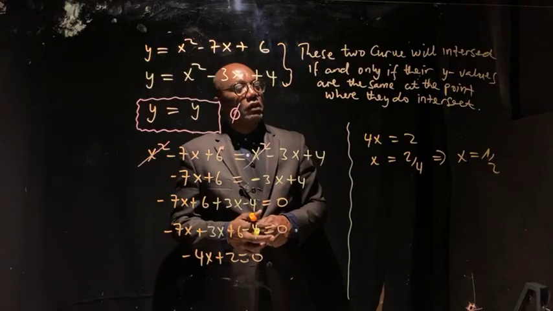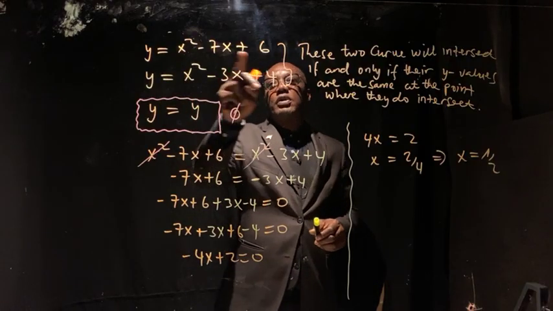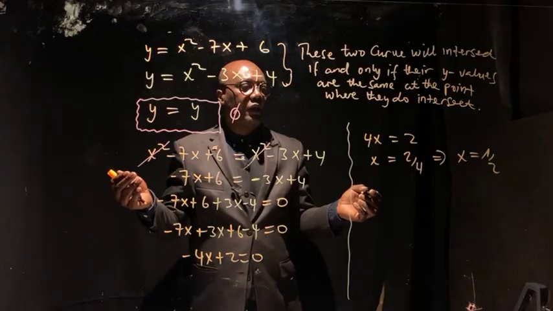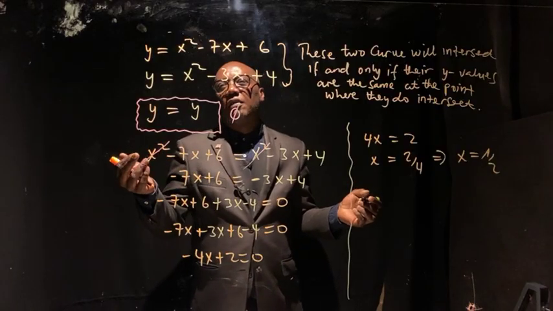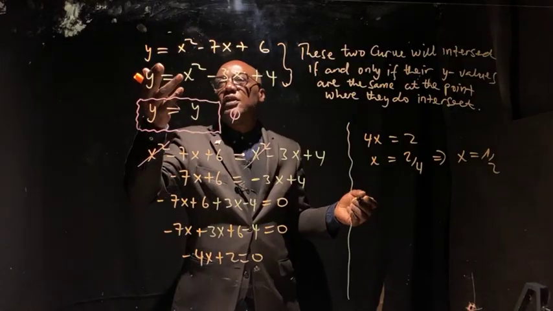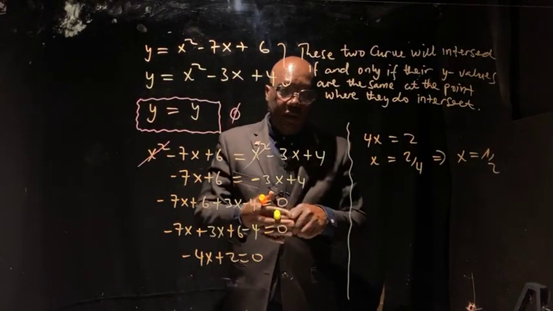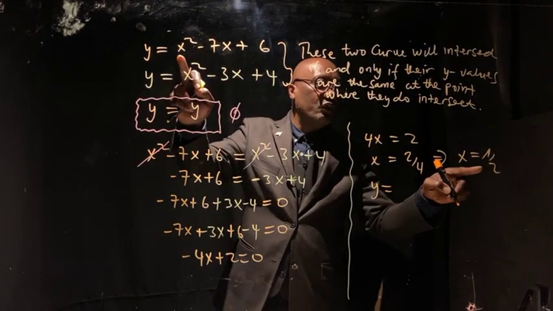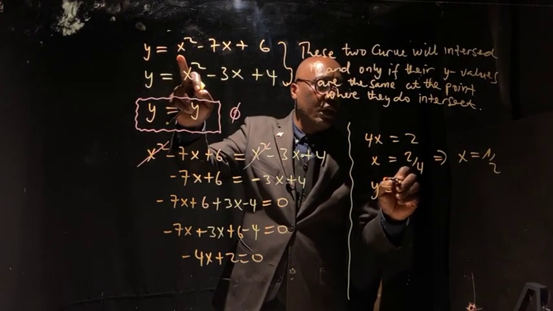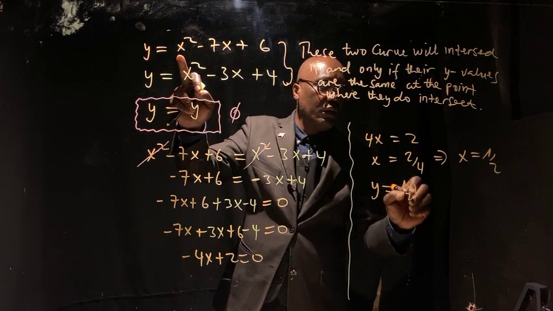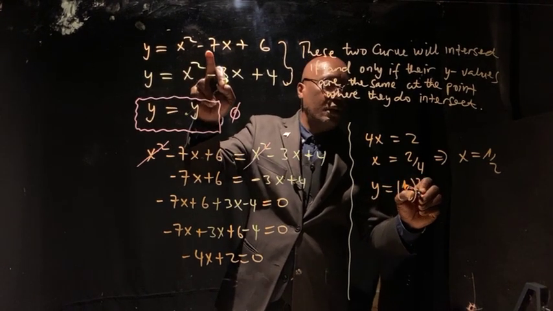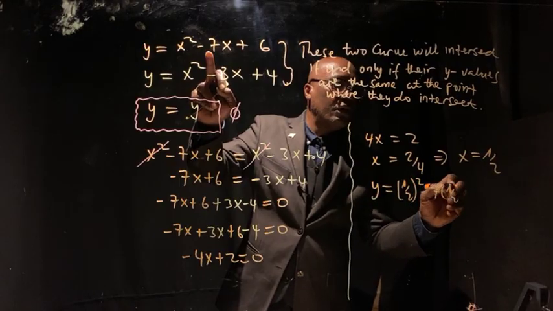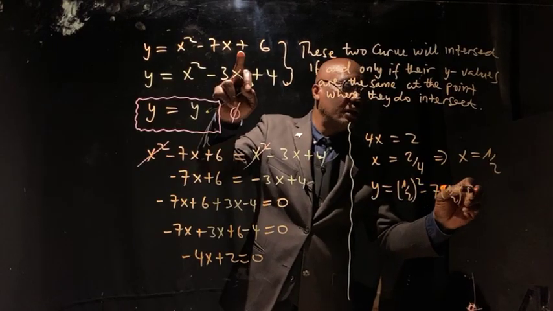To find the y value, we can use either this equation or this equation. It doesn't matter which one we take. Preferably, as a choice, let's take the first part. The first part says y equal x squared, so with x equal to half, y equal half squared minus 7 times half plus 6.